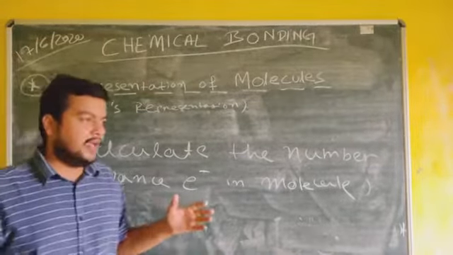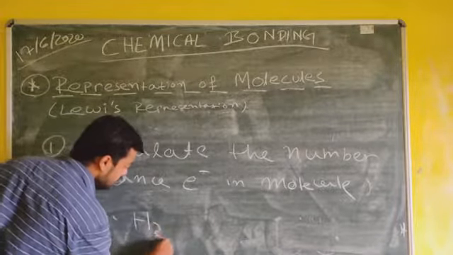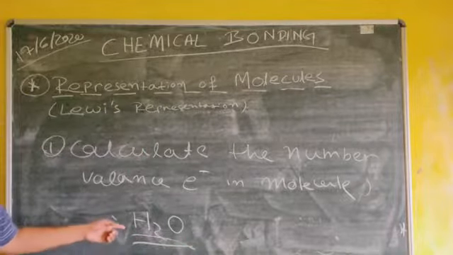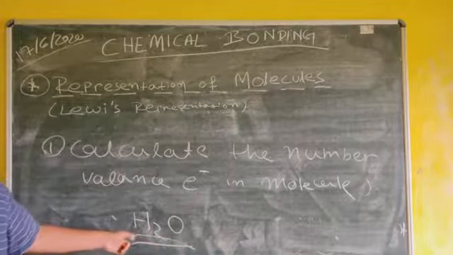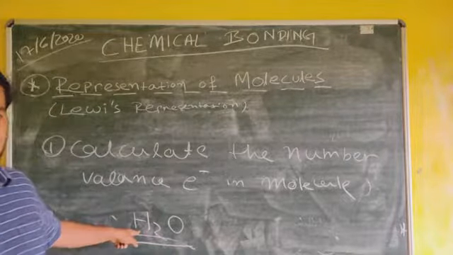So what do you mean by that? Means suppose we have a molecule H2O. We have to write the Lewis representation of this molecule H2O. So first step is we need to calculate the number of valence electrons.